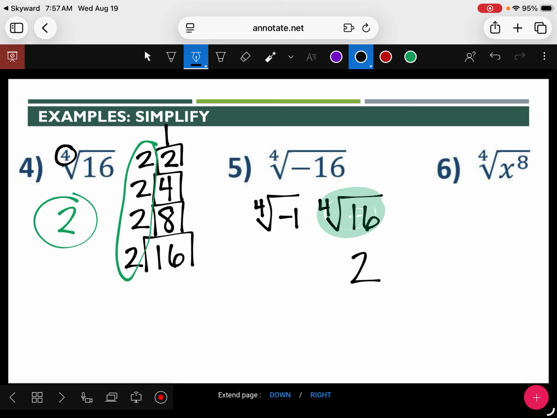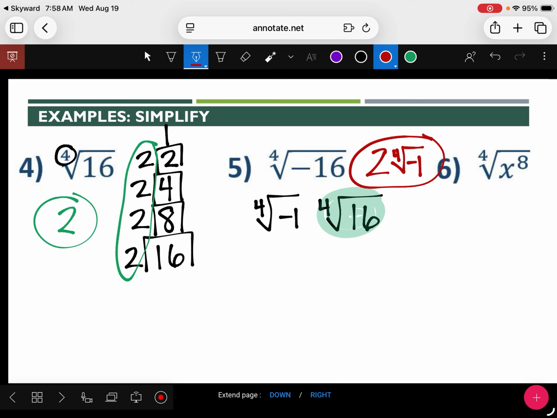But what did I say about a negative under an even index? Do we keep it or do we take it out? Keep it. So we have to keep that, and I'm going to put that in the back. So my final answer for number 5 would be 2 times the 4th root of -1. We don't change it to an i because we're not solving. We would just keep it there.